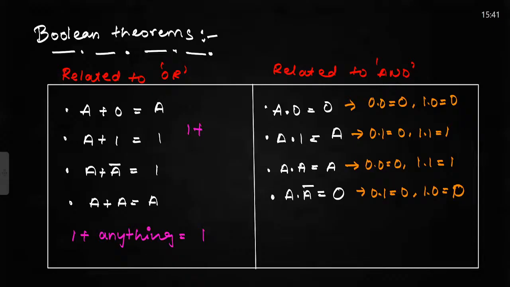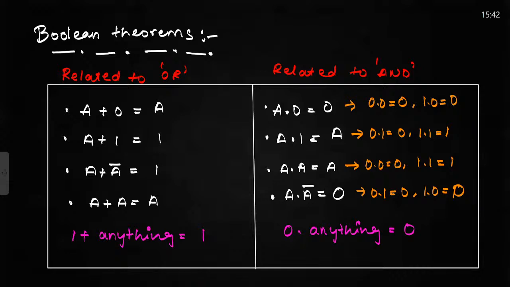So that is the meaning. And for operations related to AND, 0 and anything will be equal to 0. So these are the Boolean theorems related to AND and OR operations.